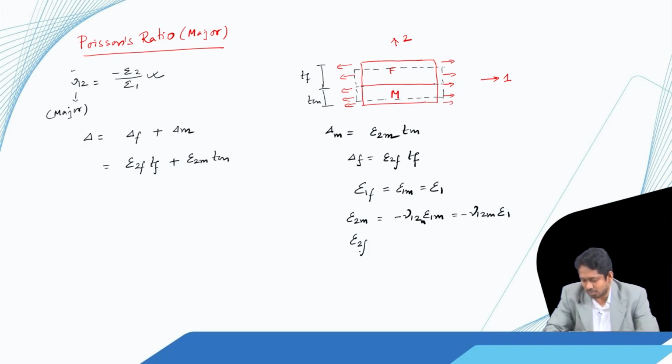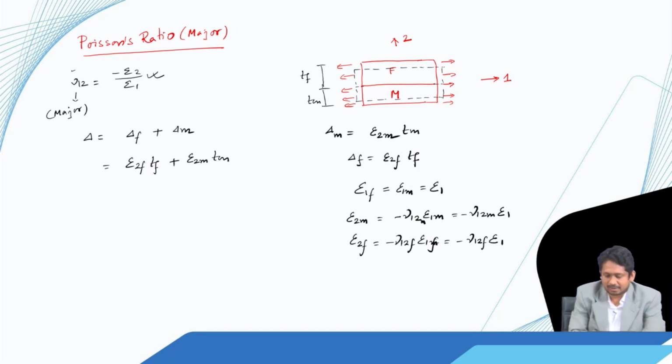Similarly, epsilon 2 f can be written as minus nu 1 2 f into epsilon 1 f, and this can be written as minus nu 1 2 f multiplied by epsilon 1. So, we can put everything here and we can write minus epsilon 1 into nu 1 2 f multiplied by T f plus nu 1 2 m multiplied by T m.